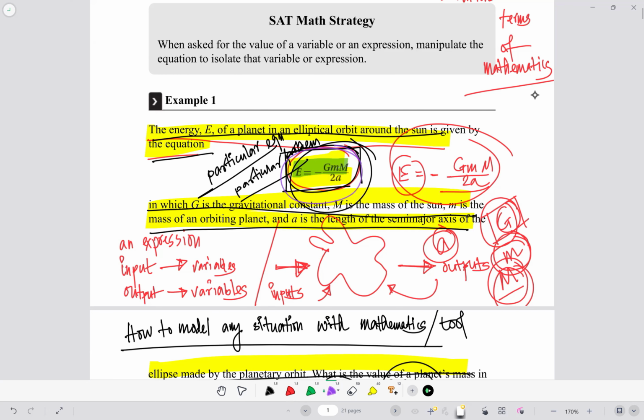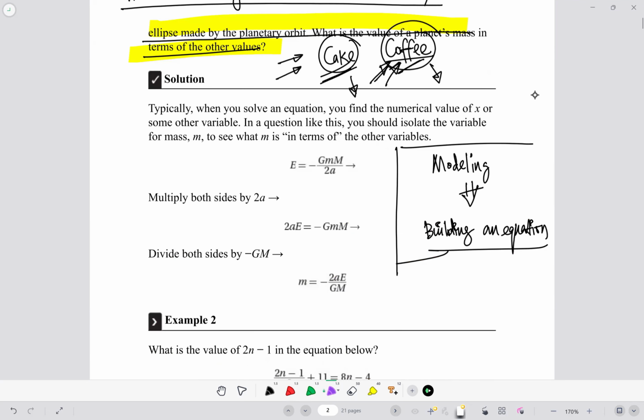So before doing the modeling, you need to understand the problem, understand the situation, and then model with variables.